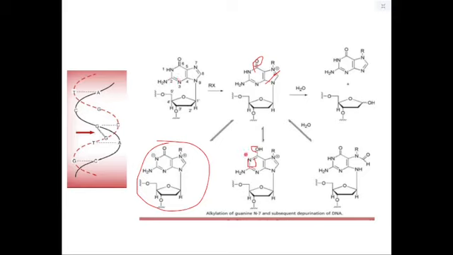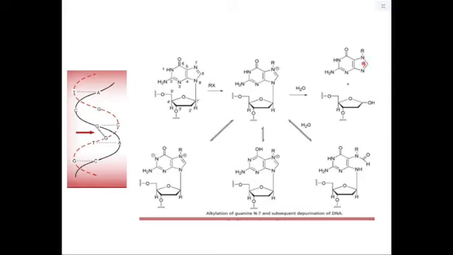So these are the various effects alkylation can have on the DNA, including depurination, and also cleavage of the pyrazole group.